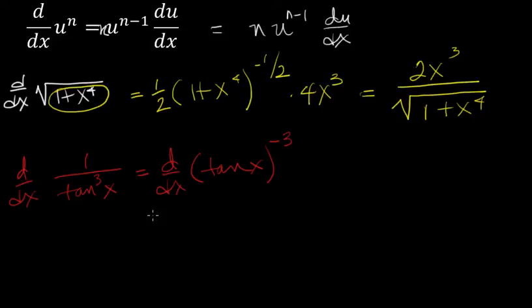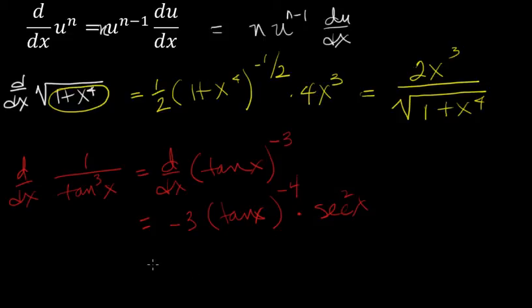So I suggest that as we go through this video that you put it on pause right now and see if you can take this derivative, and then start up again and see if you got the same thing I did. Well, I'm going to be using n u to the n minus 1: minus 3 times tan x to the minus 4 times the derivative of tan x, which is secant squared x.